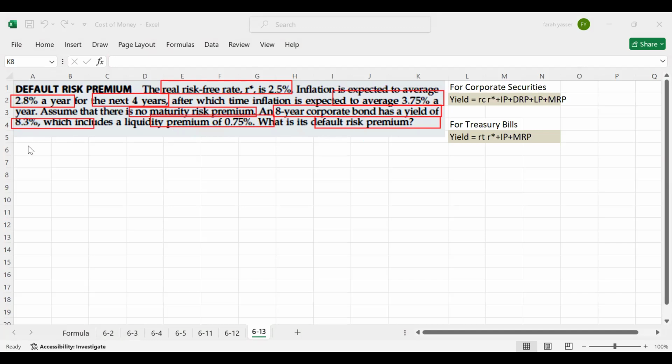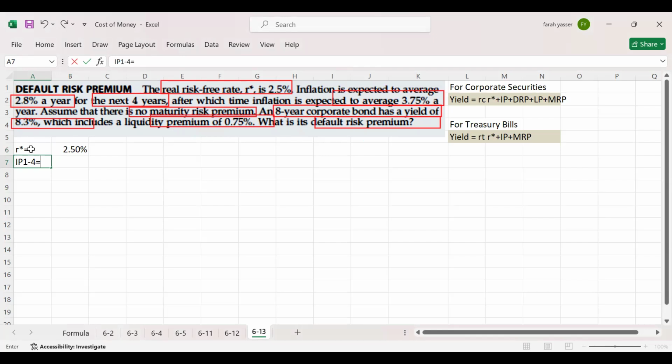So first we write down the data. First of all, R star is given, which is 2.5%. Then inflation IP is given from year 1 to year 4.